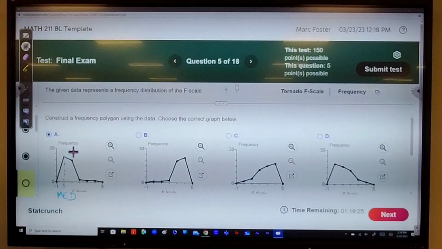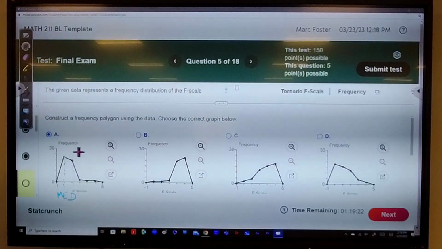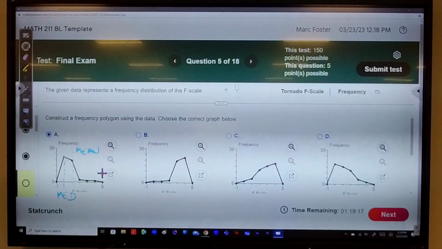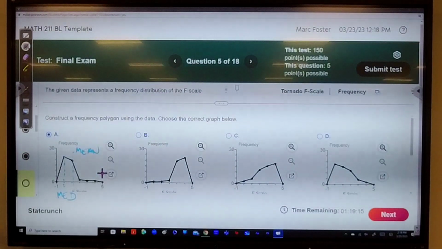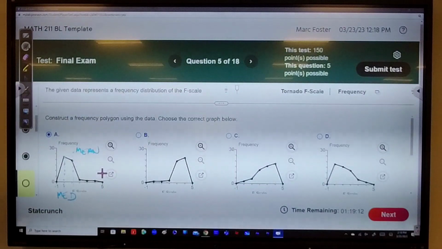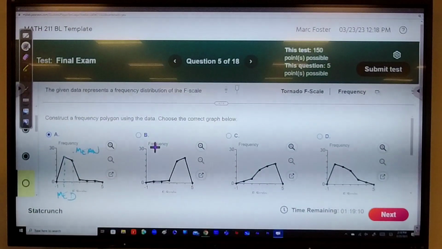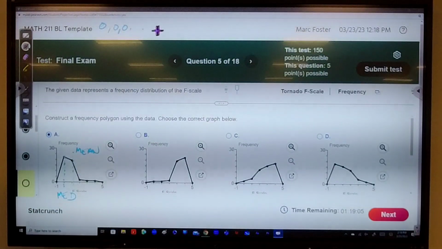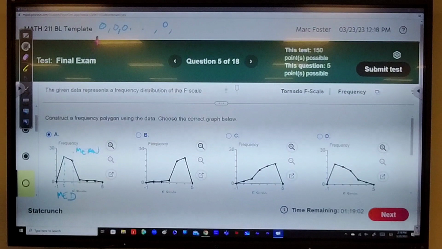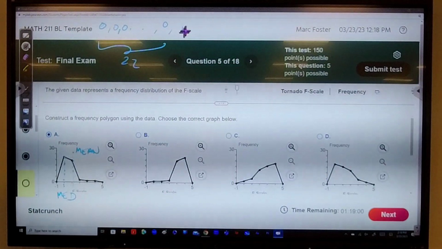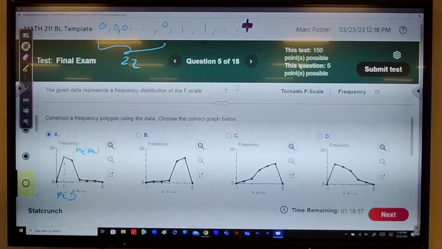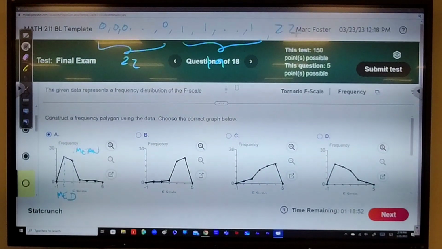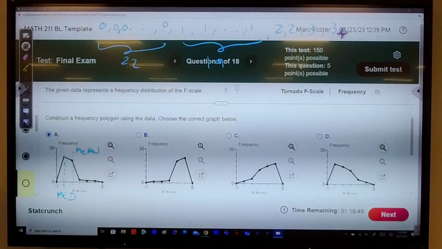However, if we figured out what the mean was, it would be to the right of the median. And that's what it means to be skew right. Because our data would be a bunch of zeros, 22 of them, and then a bunch of ones, 19 of those, and then 2, 2, 3, 3, 4.